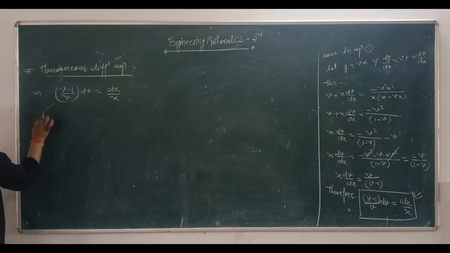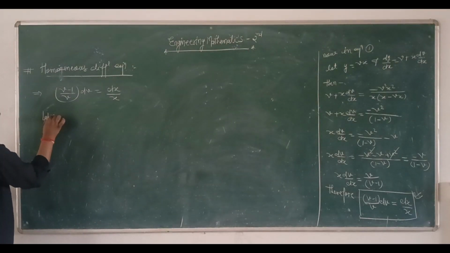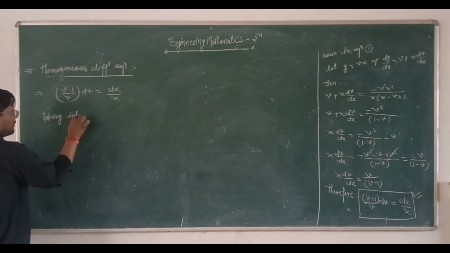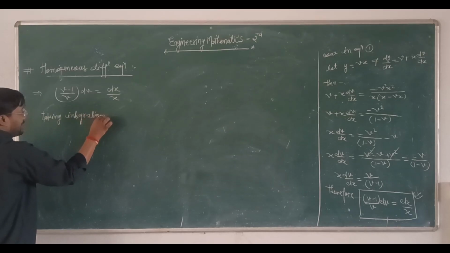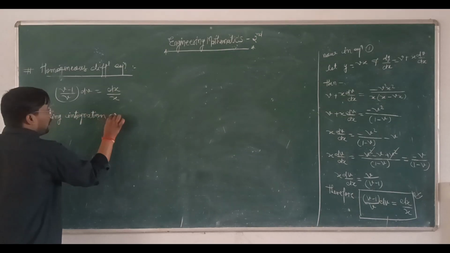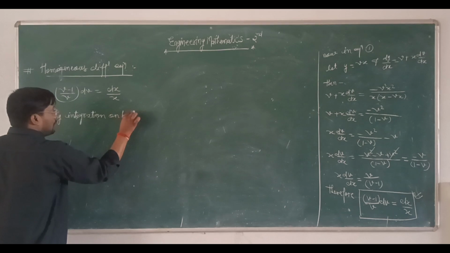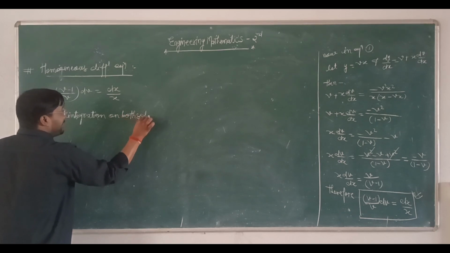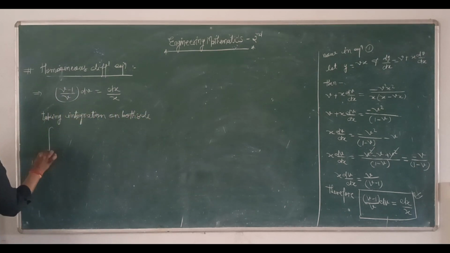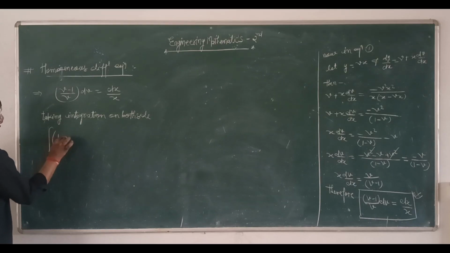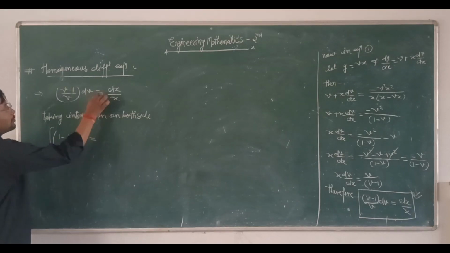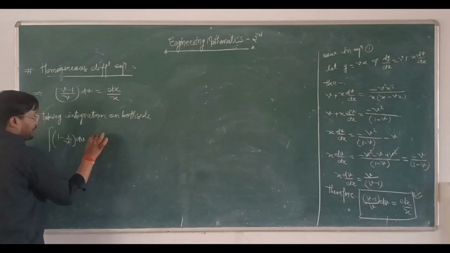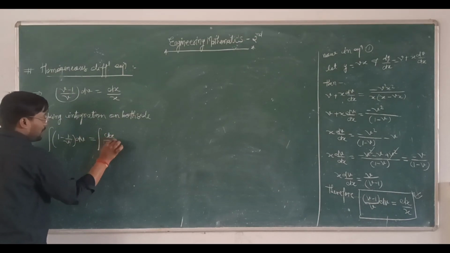Now taking integration on both sides, you can write integral of (1 minus 1 upon v) dv is equal to integral dx upon x.